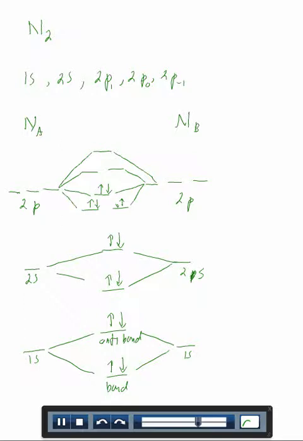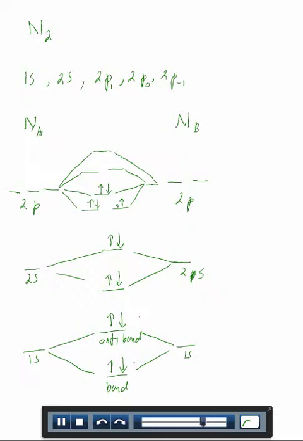Now let's add up how many bonding electrons and anti-bonding electrons we have. So there's 2 bonding here, 2 anti-bonding in the 1s, so they cancel. I have 2 bonding in the 2s, 2 anti-bonding from the 2s, they cancel.